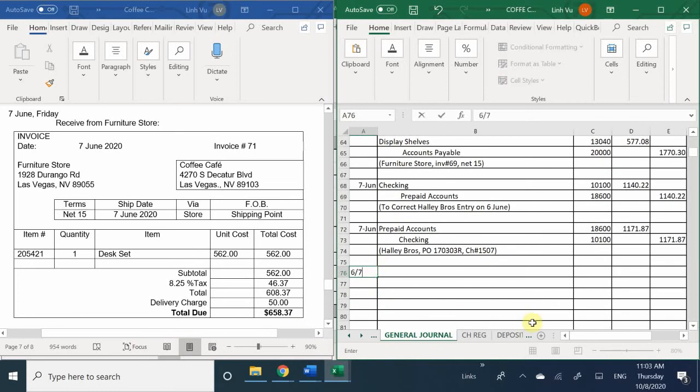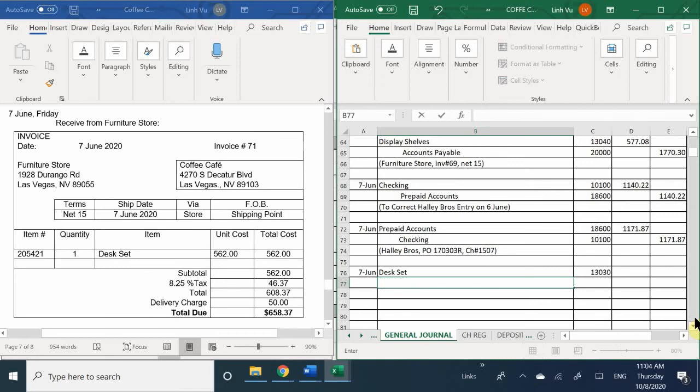So June 7, okay? I received a desk set for 13030. Good.